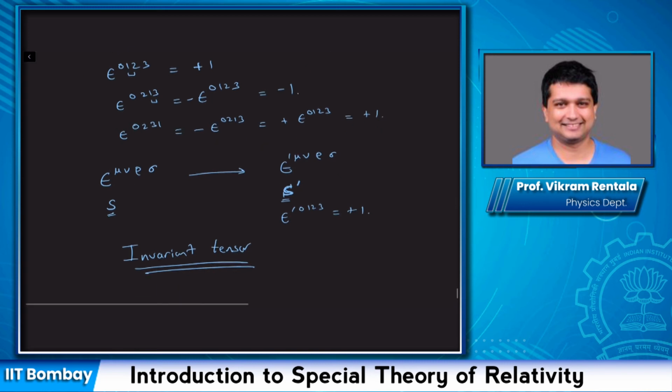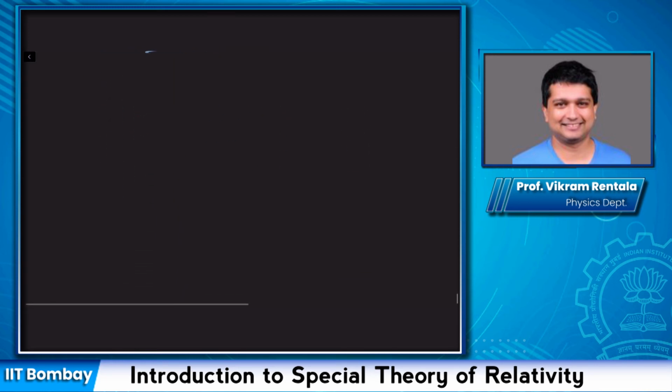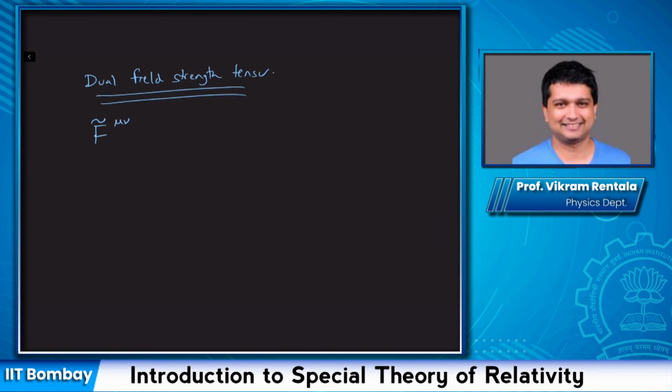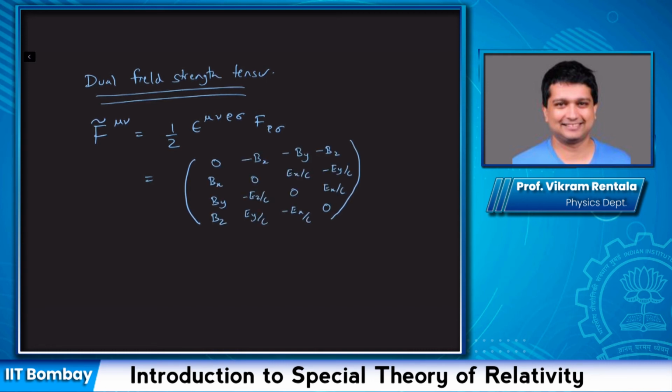Now, using this Levi-Civita tensor, we can define a dual field strength tensor, which is also contravariant. So this is denoted as F twiddle mu nu, which is written as half epsilon mu nu rho sigma F rho sigma. Okay. And in matrix notation, we could work out what this is, and we would get something that looks like this.